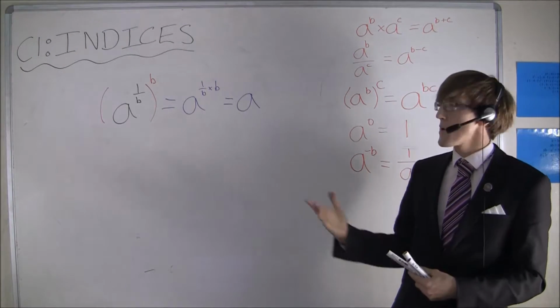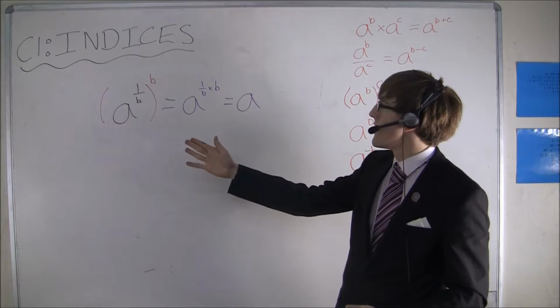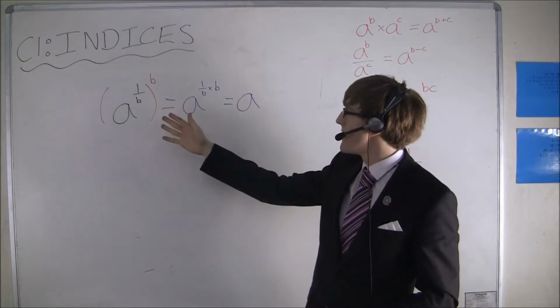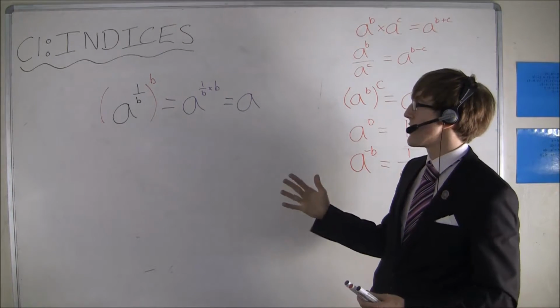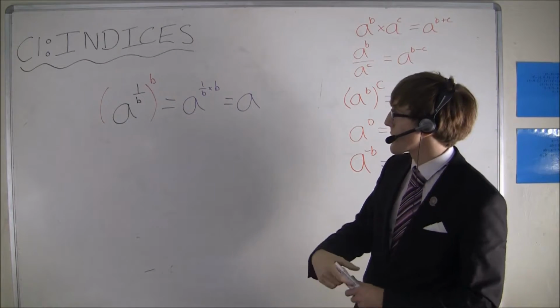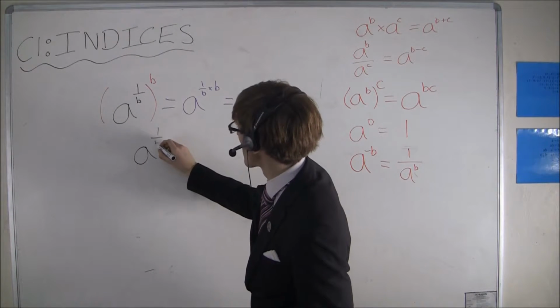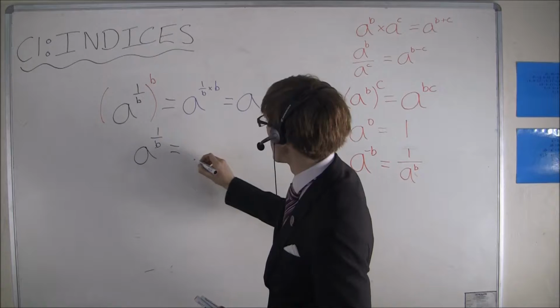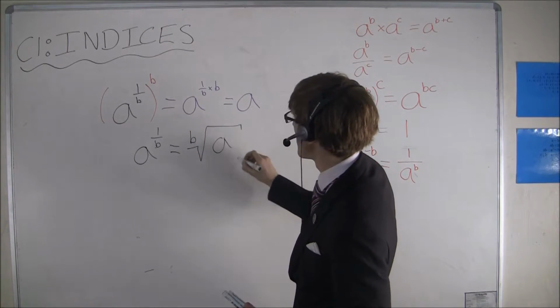So we can see that what we wanted to evaluate, that is a to the power of 1 over b, all to the power of b, is equal to a. Then if we take the bth root of both sides, we end up getting that what we wanted to look at, that is a to the power of 1 over b, is equal to the bth root of a.